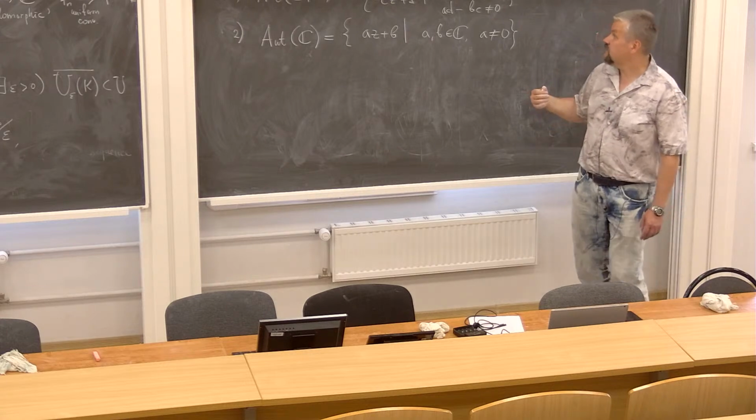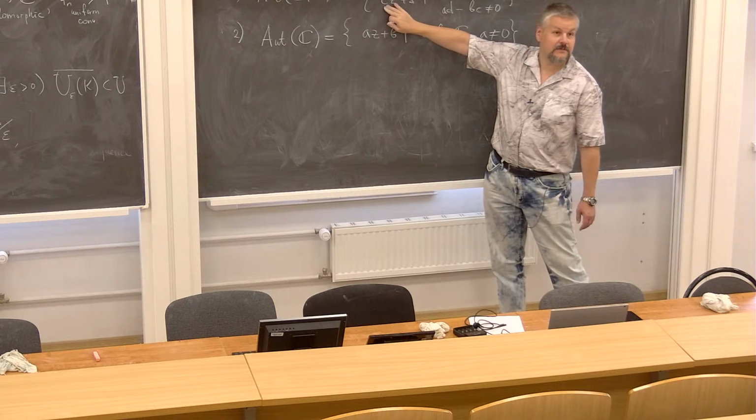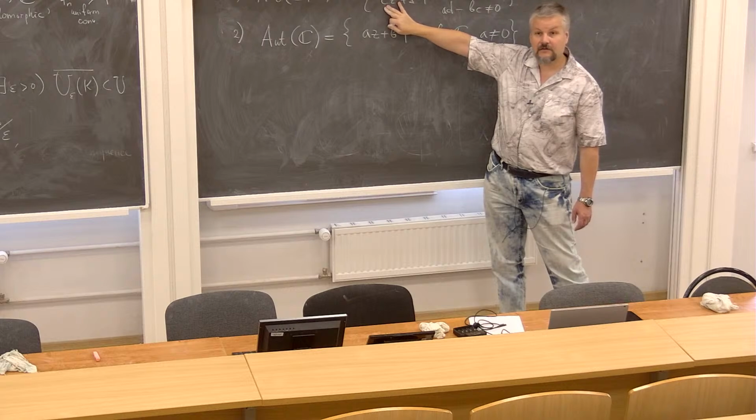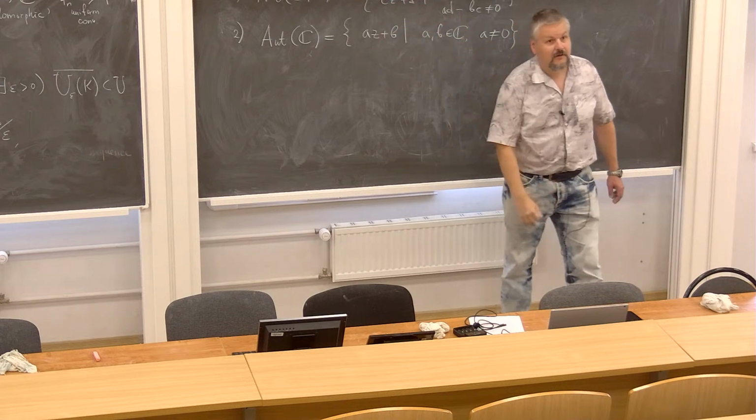Then you observe that if infinity is mapped to infinity, then C must be equal to 0. Otherwise, infinity will be mapped to something else. Okay? So C must be equal to 0, and since C is equal to 0, we get affine maps.